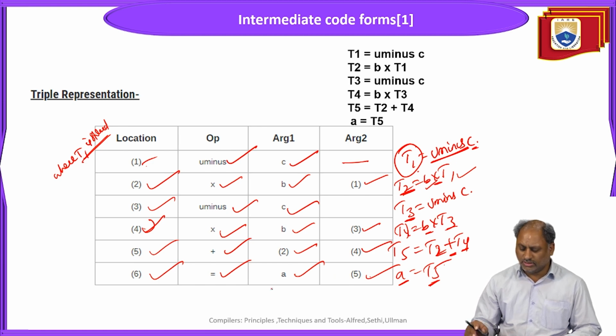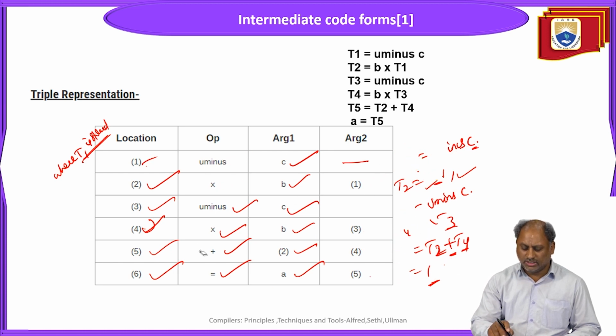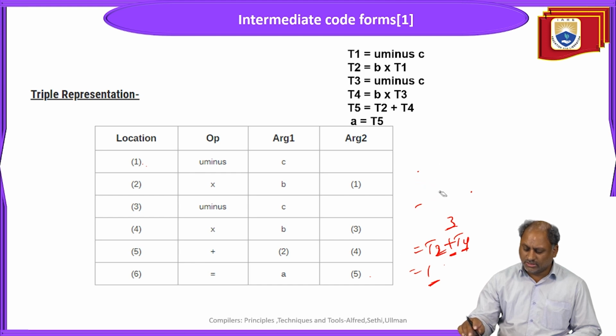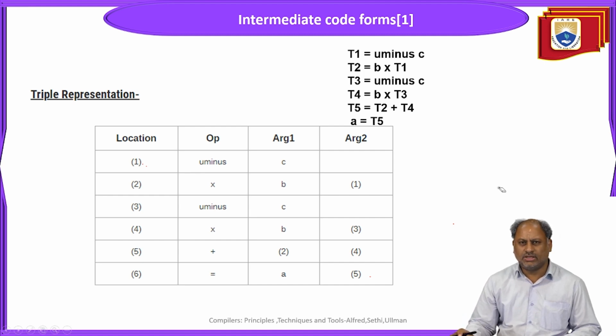Like this we have to consider the operator, argument 1, argument 2. The only difference here is the location. That's why all the temporaries are eliminated. Instead of temporaries we are writing only the location reference. That is one of the differences between quadruple and triple representation.